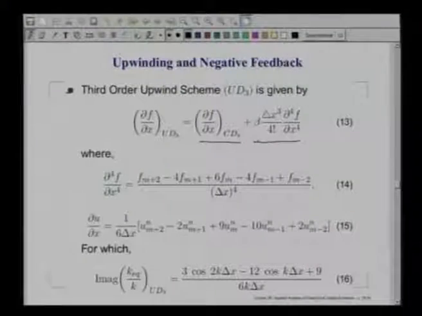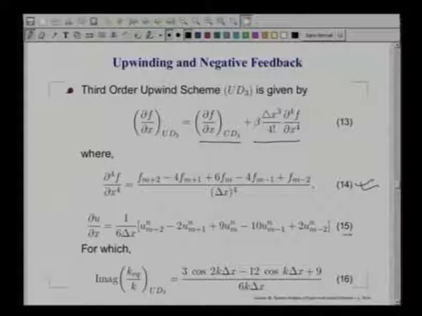We have already seen what the del f del x CD4 expression is. Here I have shown you what this fourth derivative expression is, and if you substitute all of that together, your del u del x by third order upwind scheme is given by equation 15.